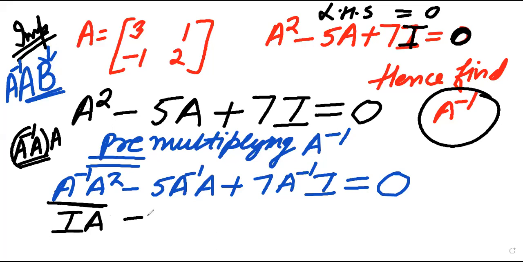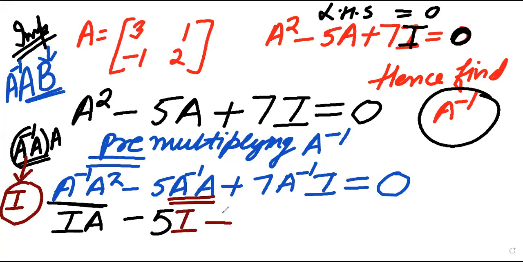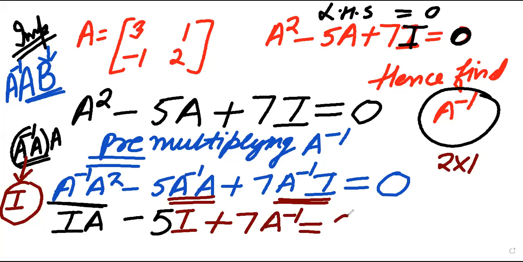Identity into A, minus 5 into A inverse into A, that is identity, plus 7 A inverse into identity. If you multiply any value with identity, the same comes, that is A inverse. It is equal to 0. Keep in mind that when you multiply A inverse into A, that is identity, and multiplying any matrix with identity always gives that same matrix.